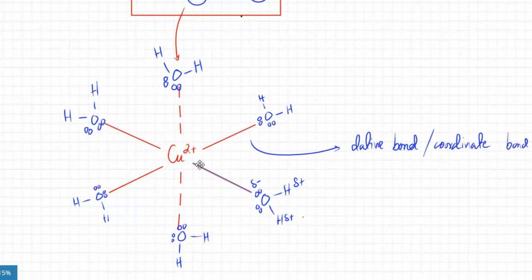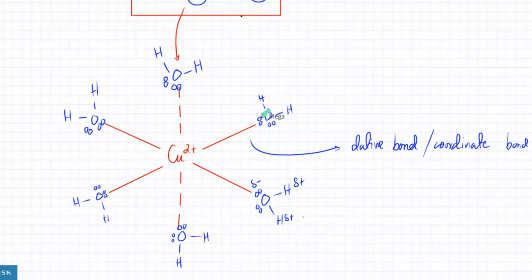Now, a coordinate bond is formed. What's a coordinate bond? It's a bond where one atom provides both the electrons. The other atom is not contributing anything. So you've got this copper 2 plus over here, which is absolutely not doing anything. It's just an ion with very high charge density. The 2 plus charge is concentrated over a very small ion, and that 2 plus charge is attracting all the water molecules around it, and their lone pairs specifically.